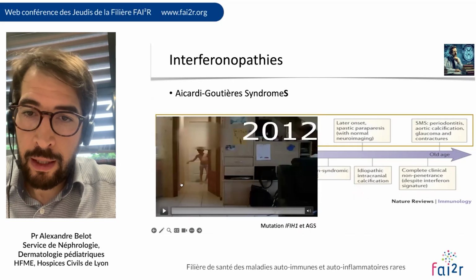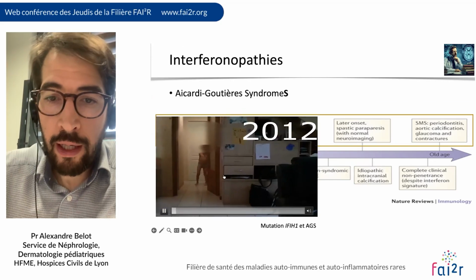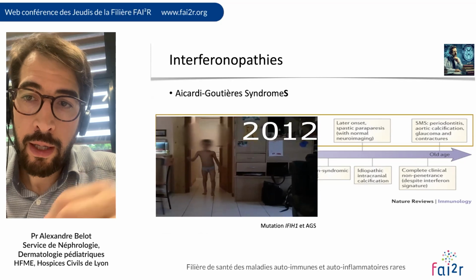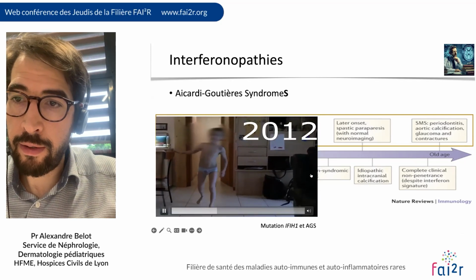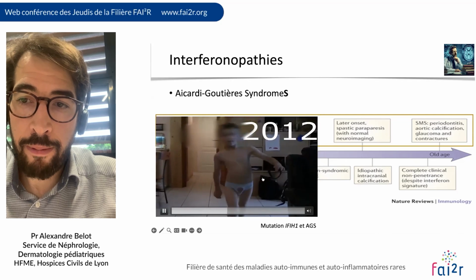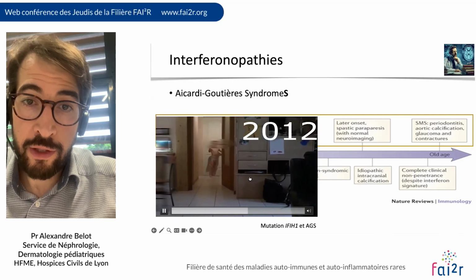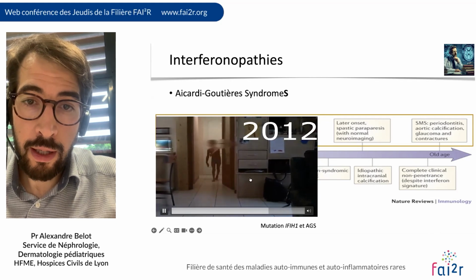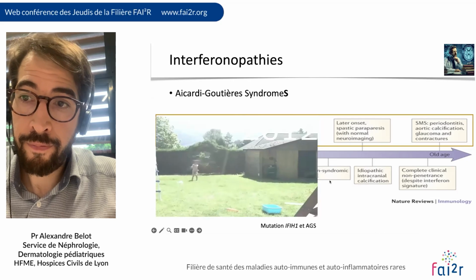Here in this video, you see a patient who has Aicardi-Gouttières syndrome. He has no mental delay. His intelligence is normal, but there is this paraparesis. His father suffered from the same disease with chilblain, and the grandfather was totally normal phenotypically but presented a positive interferon signature.